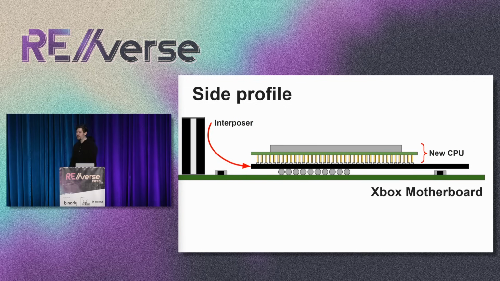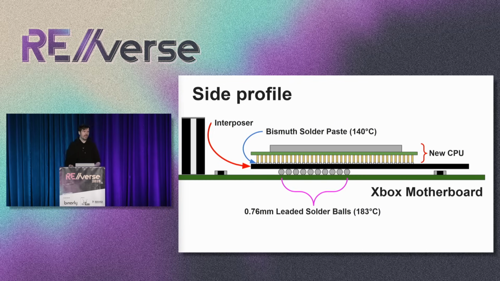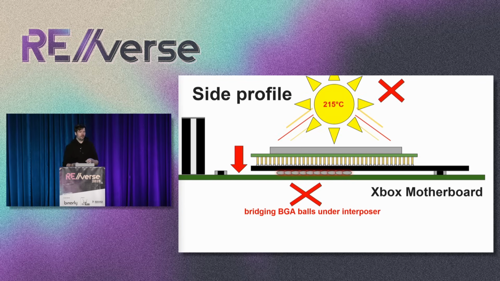So we have this new CPU sitting on top of this interposer, and we have two different alloys of solder paste. The reason we need that is that they have different melting points. We've already attached the interposer, but now we're trying to attach the CPU to the interposer. If we heat it up too much, it would cause all the balls under the interposer to squish.